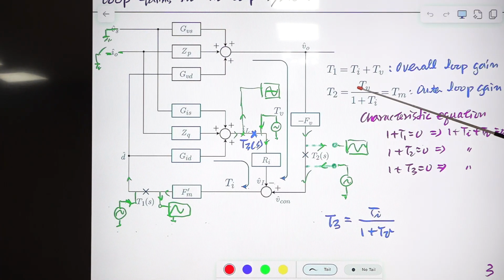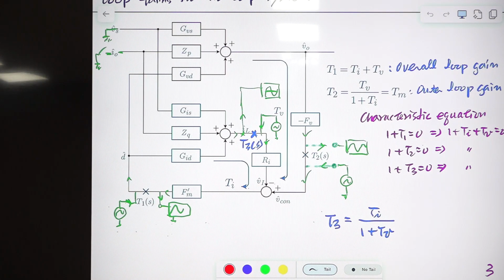And 1 plus T2 equals 0, which is this one, is a characteristic equation, and 1 plus T3 equals 0 is also a characteristic equation. All of them are the same equation of this form. So the roots of this equation should be the same. Absolute stability can be assessed using any of these 3 different loop gains. But phase margin and gain margin are very different.